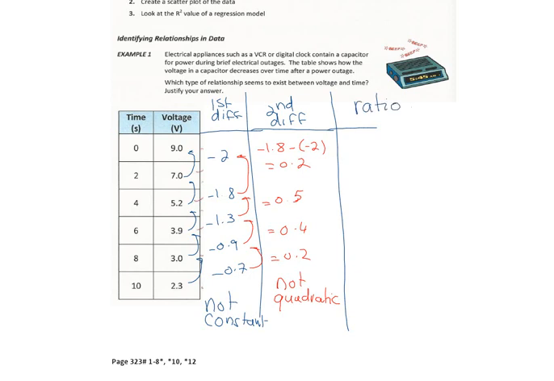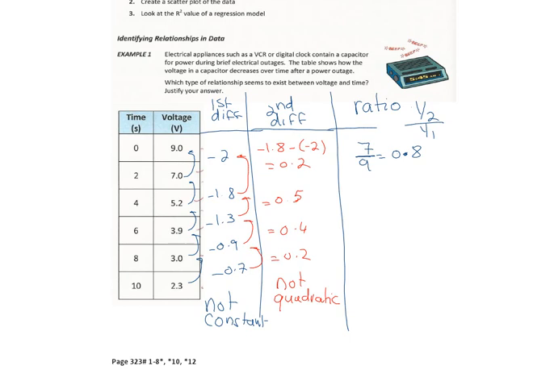When you're doing the ratio, you're going back to your table. You forget about your first and second difference. You're going back to your original table. You're going to divide 7 by 9. That's 0.8. Okay?